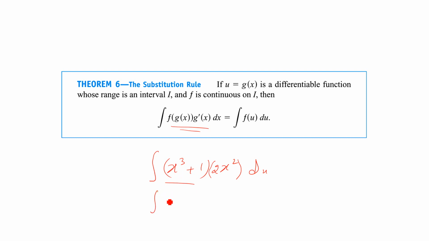So it can be written as f of x cube plus 1 into the derivative of x cube plus 1. It must be 3 here. So the derivative of x cube plus 1 will be g prime x, dx.